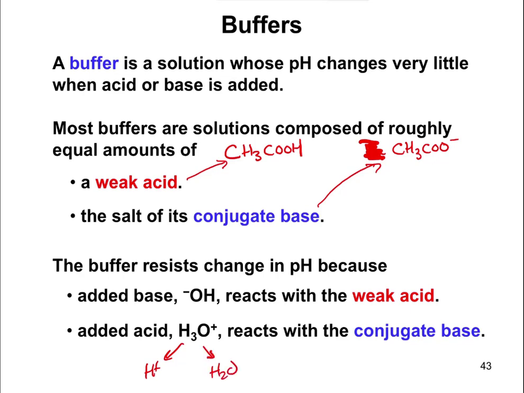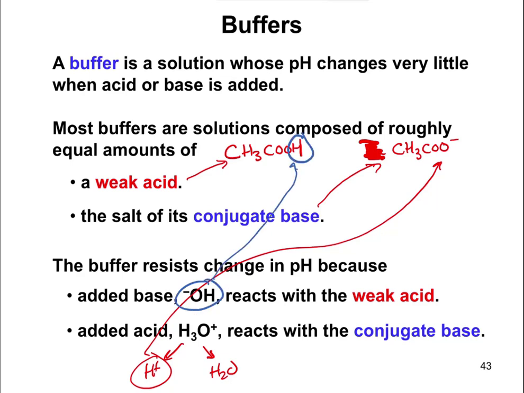And then this H plus is going to come and react with this to form CH3COOH, and you're actually going to make this one. And then similarly, whenever this OH minus reacts with that H plus to form water, what's left is CH3COO minus. So you have these two species that work hand in hand to resist changes in pH.